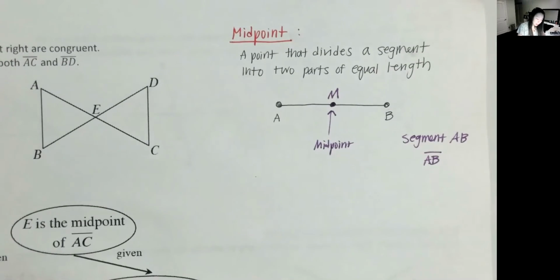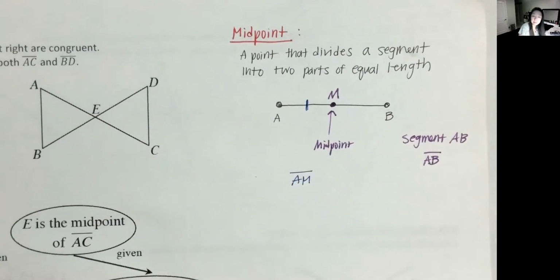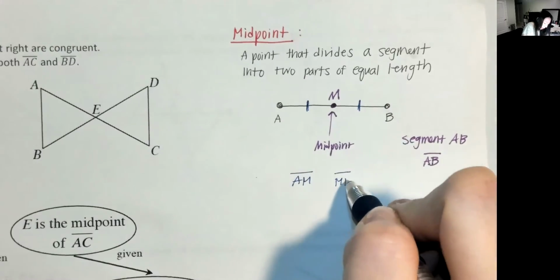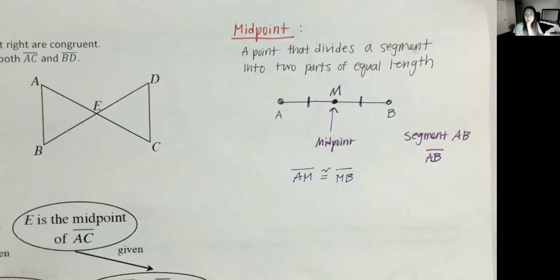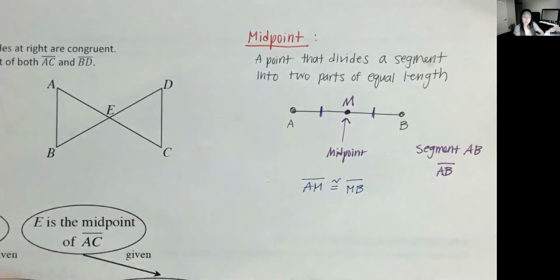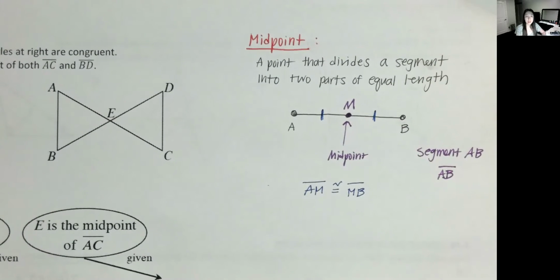If that happens, then this part of the line segment, which I'm going to call segment AM, and the segment MB or BM, whatever you want to call it, are going to be congruent because it's cut in half, right? They're equal parts. That's what a midpoint does. It cuts it into two equal parts.